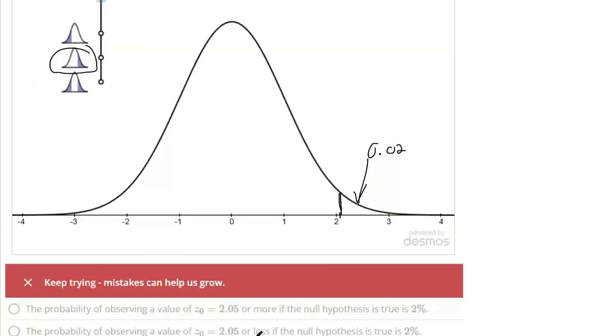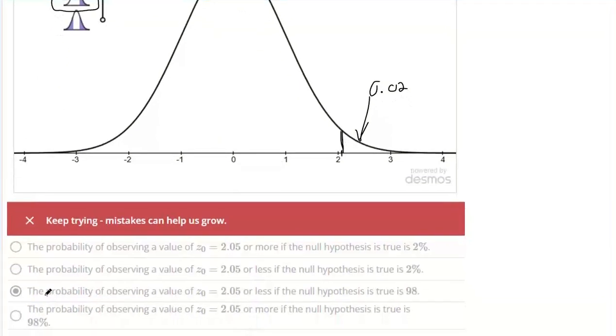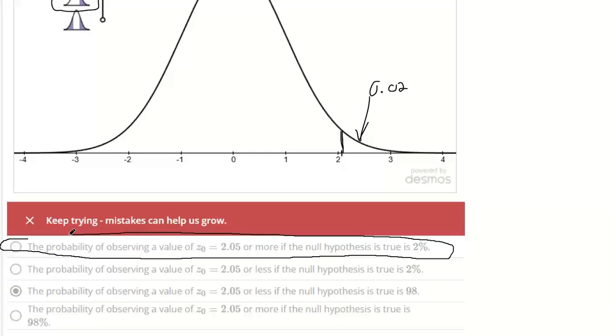Okay, and so correct interpretation, this student chose this option, but let's go through it. The probability of observing a value of z equals 2.05 or more, if the null hypothesis is true, is 2%. That is the correct answer.